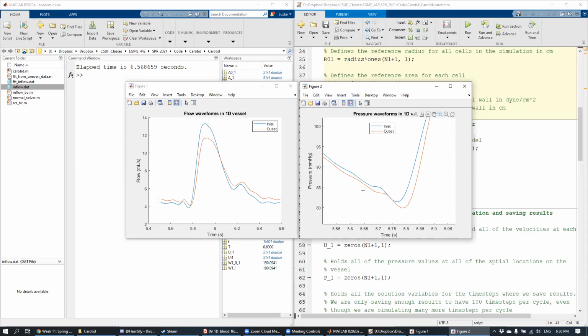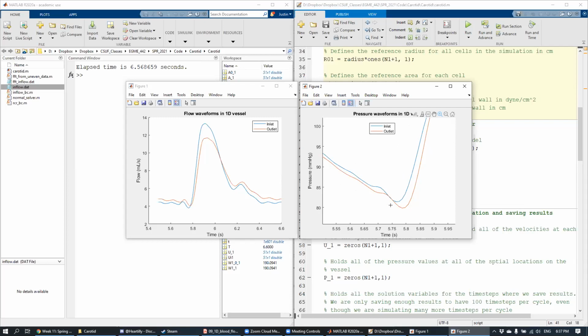And this is one of the primary effects that we talked about in terms of wave propagation, right? And so in terms of wave propagation, we know that further down the vascular tree, as you get farther away from the heart, the pressure waveforms tend to be delayed a little bit, right? So there's this little bit of phase lag that occurs for the downstream vessels as a direct result of wave propagation, right? And so you can see that effect is taking place here.